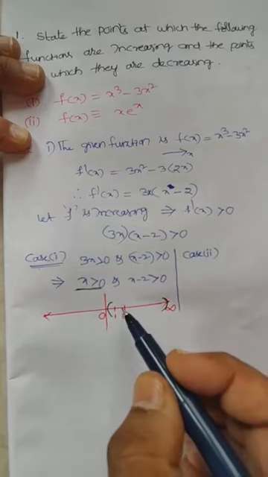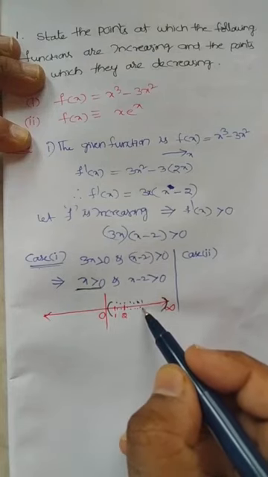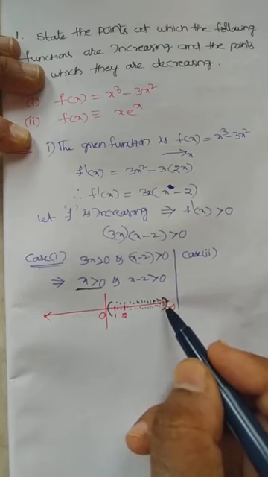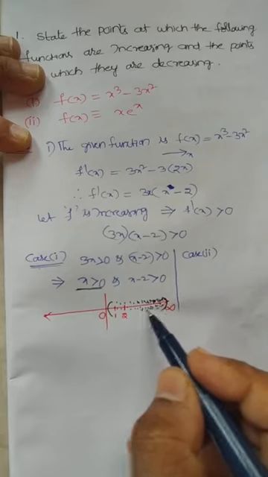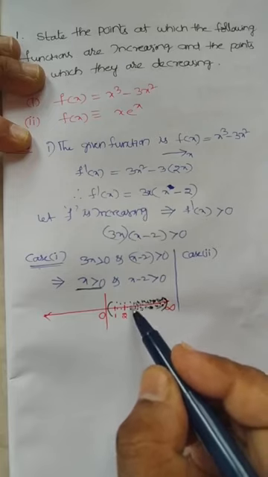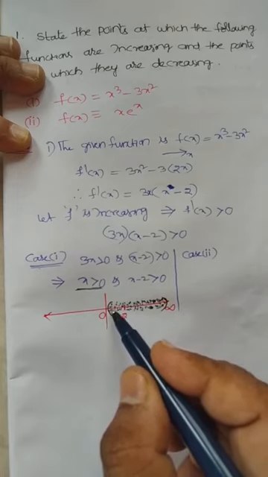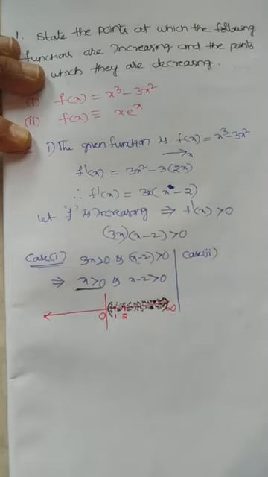I will show all these real values with black dots. These all obey the first condition, that x is greater than 0. So these black dotted points show x greater than 0 on the x-axis.